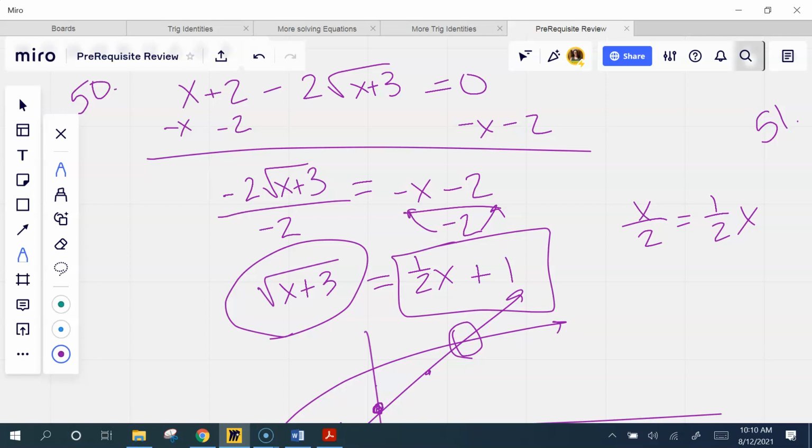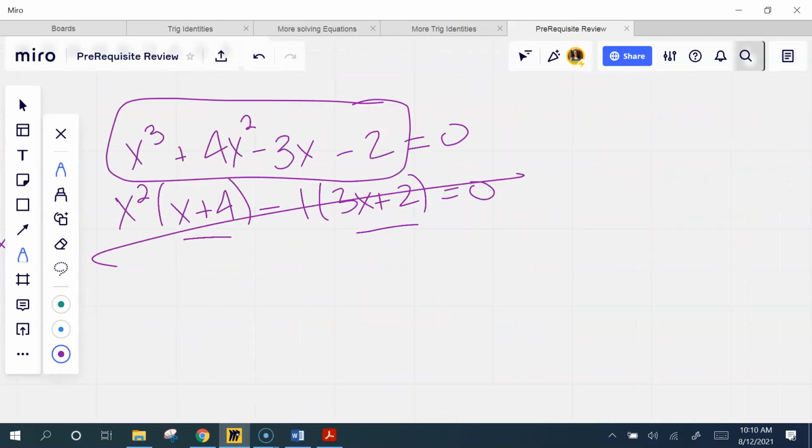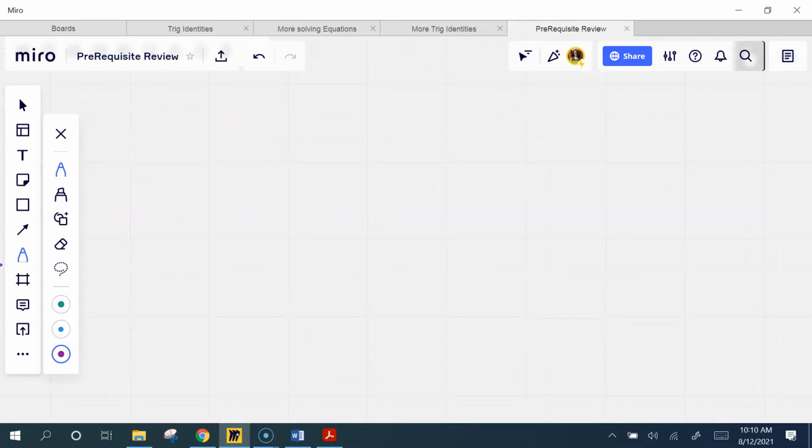What else? Yes, ma'am. 54. 54 is another one that I would not attempt to do algebraically, because of the way absolute values work. If you're solving algebraically, you get the absolute value by itself. You should have learned this in Algebra 1, but maybe you didn't, because I heard several people say they didn't know how to solve absolute value equations.